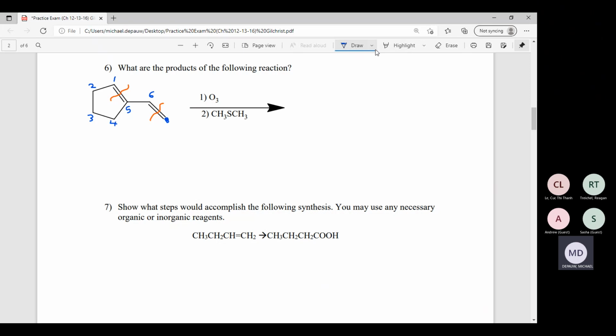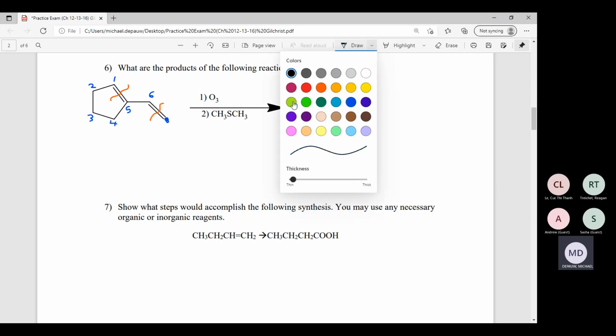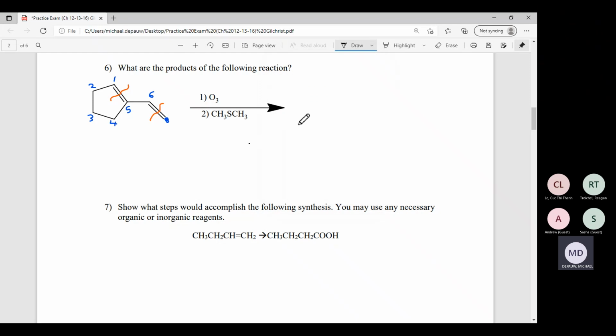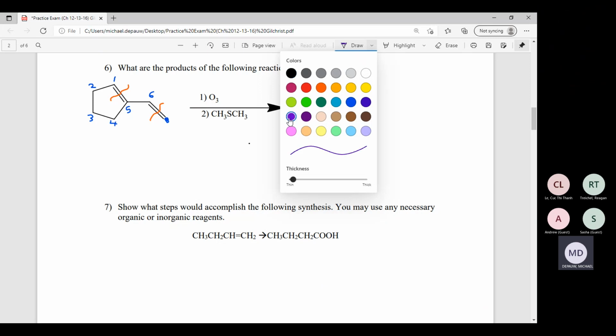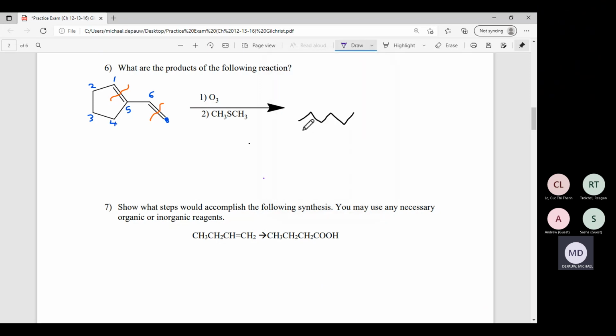And so that's going to give me 2 products here. The first product, 1, 2, 3, 4, 5, and 6. I'm going to number my carbons just for clarity.